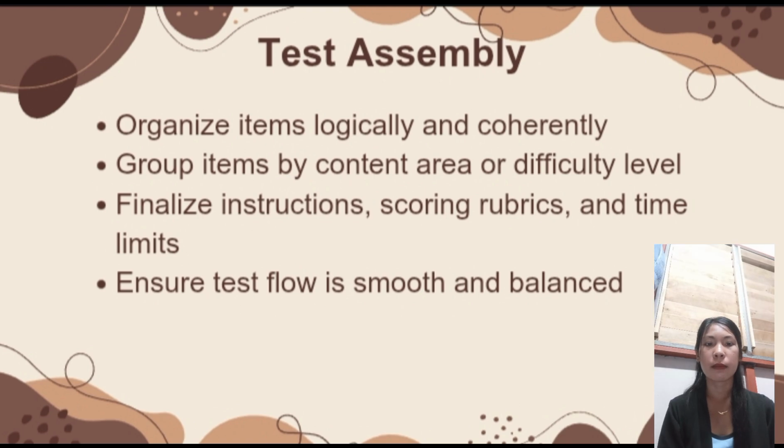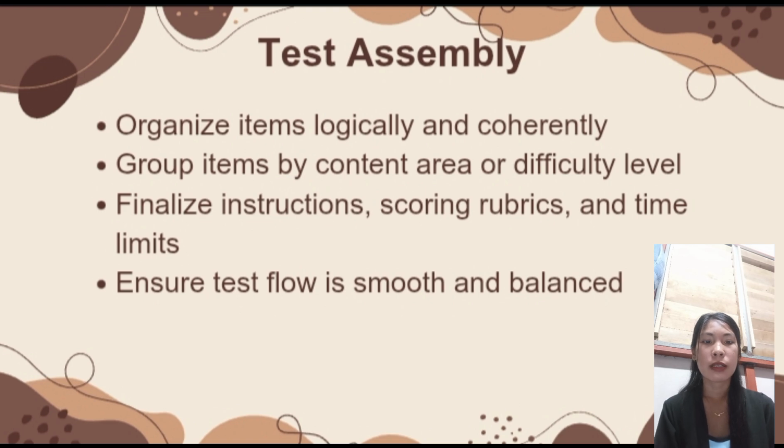So in test assembly, all items are organized into a logical order, grouped by content or difficulty, and instructions, time limits, and scoring rubrics are finalized. These ensure a smooth flow and balanced assessment.